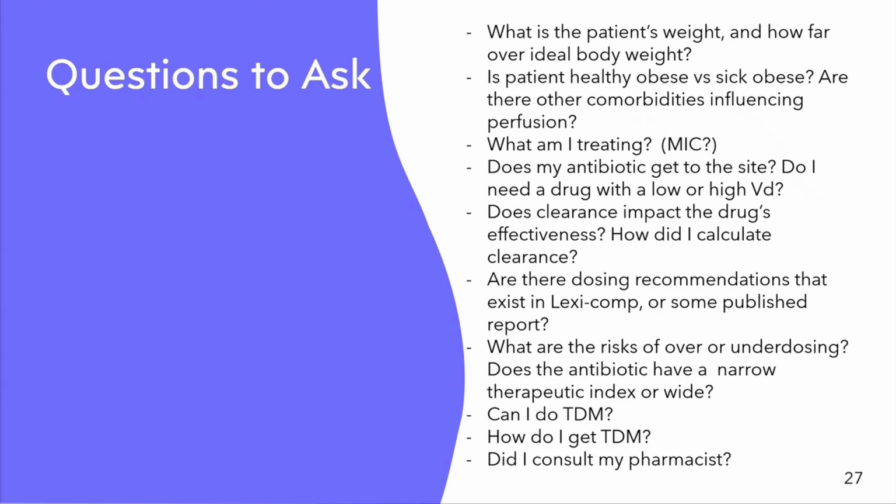Or do I have a beta lactam that maybe has a wider therapeutic window? And then, of course, can I do therapeutic drug monitoring on this? If not, how can I get it, right? I think that's the direction that we're probably moving to in the ID field, is more therapeutic drug monitoring. And the last question you should always ask yourself is, did I consult my pharmacist for help on dosing this?